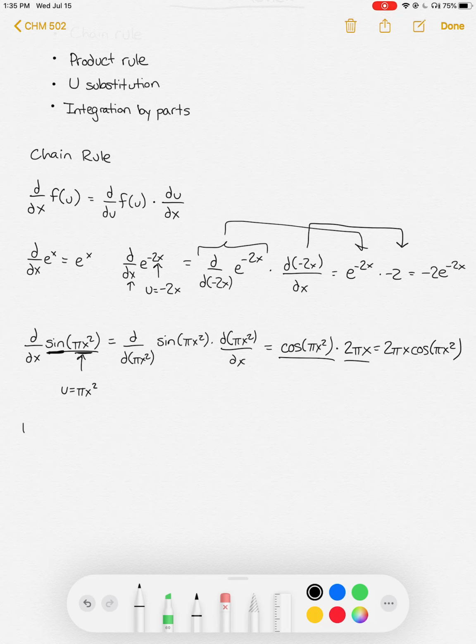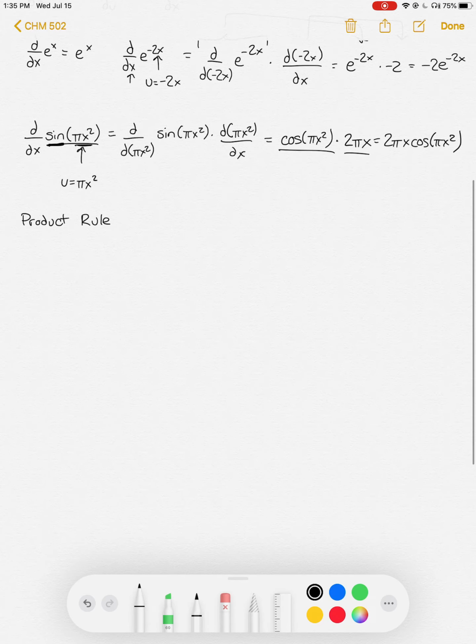Another helpful rule for us is going to be the product rule. So this has an application like the chain rule. The application for the product rule is simply when we're taking the derivative of a function that is the product of two functions we know how to take the derivative of.